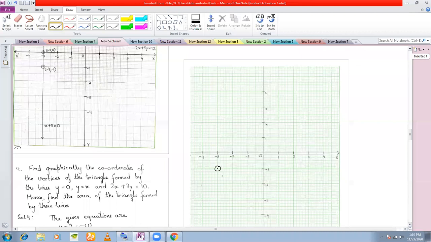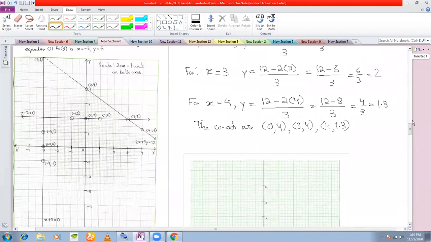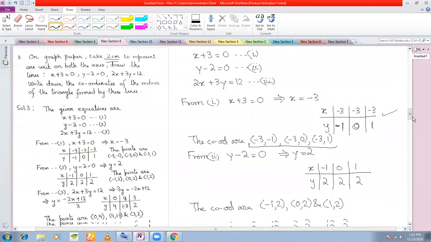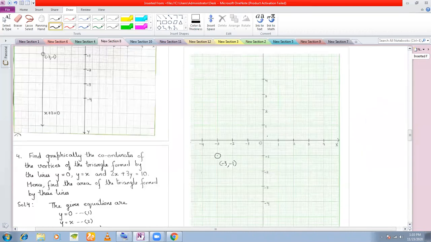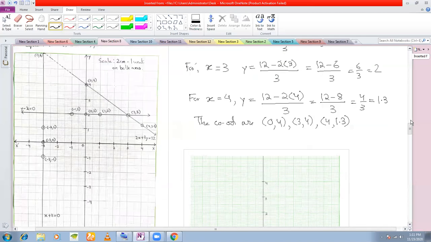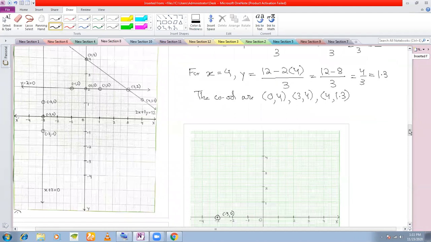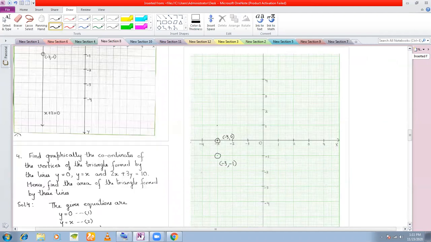The next point here is -3, 0. So -3 and 0 means here. This is your point. And the third point is -3, 1. So this is your point, -3, 1. And now you join these 3 points.